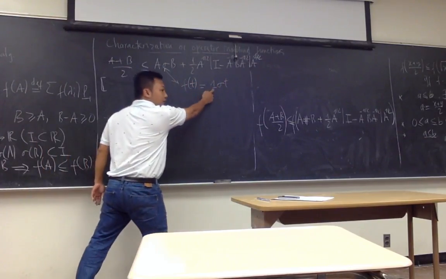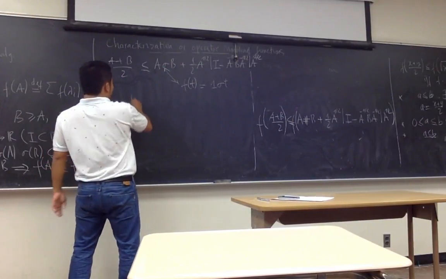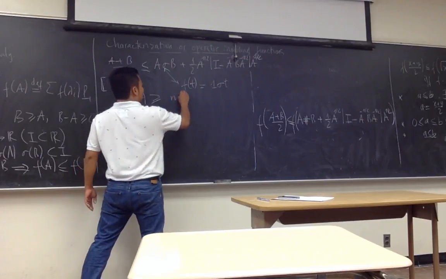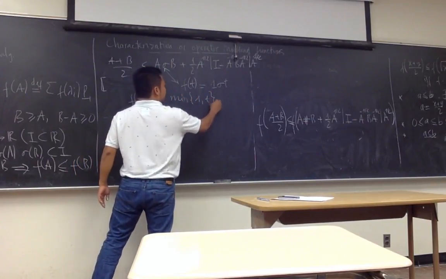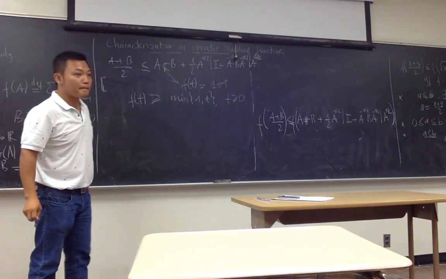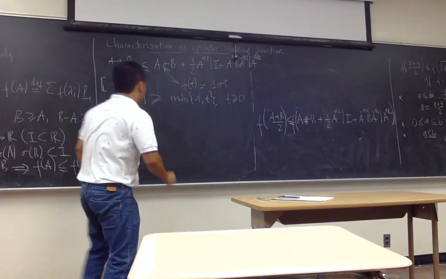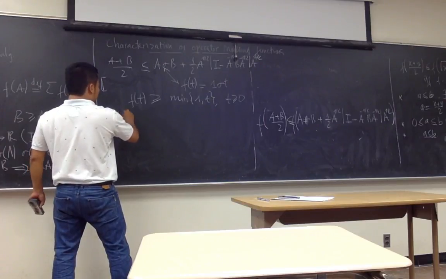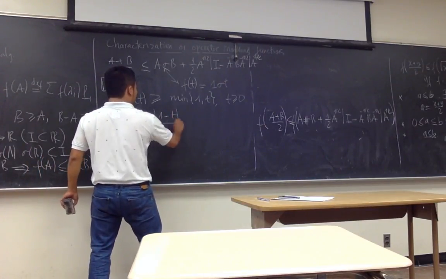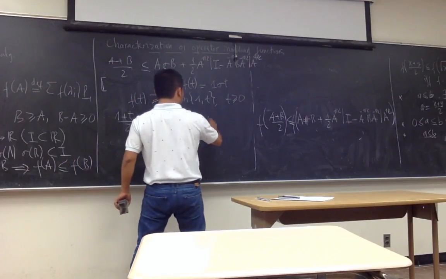And from this definition, we have f(t) greater than the minimum of 1 and t, that means (1+t)/2 minus |1-t|/2 less than f(t).